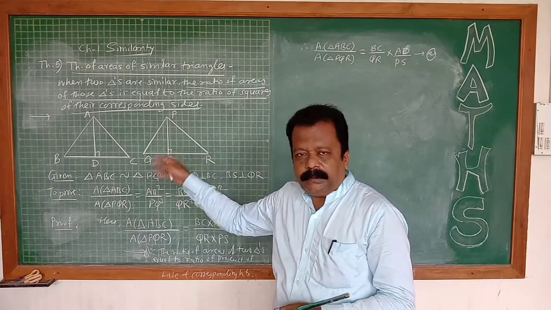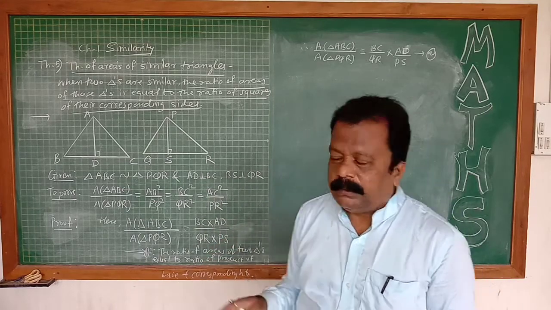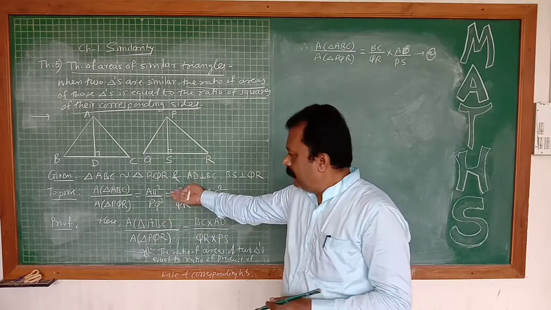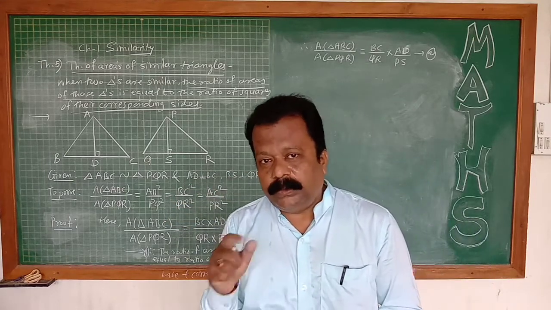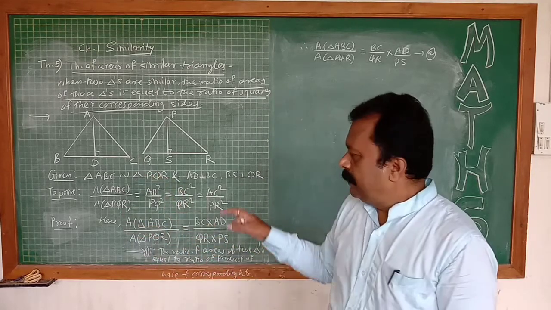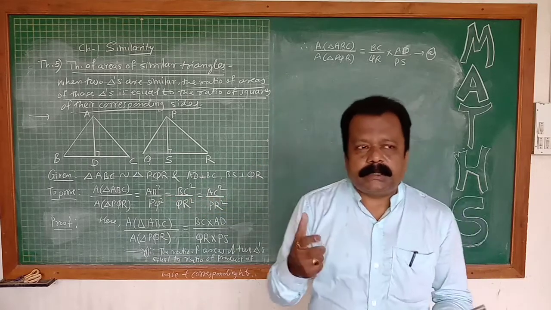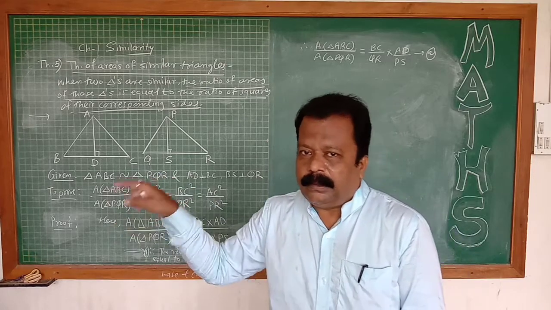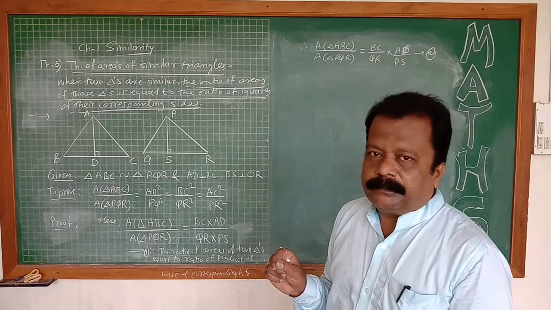After drawing the figure, name it properly according to the given. Now from that figure, try to write the given in words. After the given, write in mathematical form what you have to prove in the statement of that theorem. And afterwards, if any construction is required, do the construction in that figure and mention it in writing.